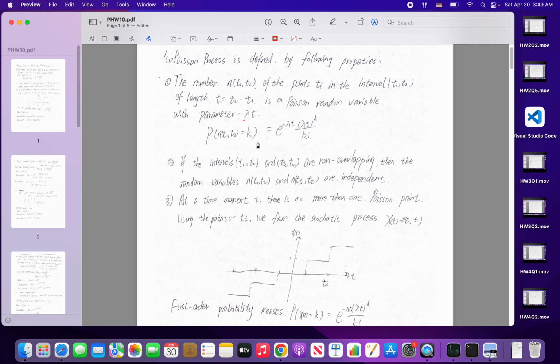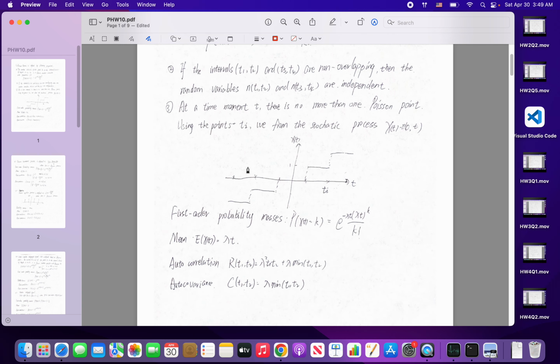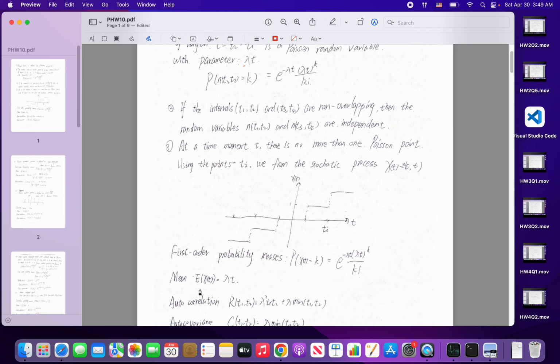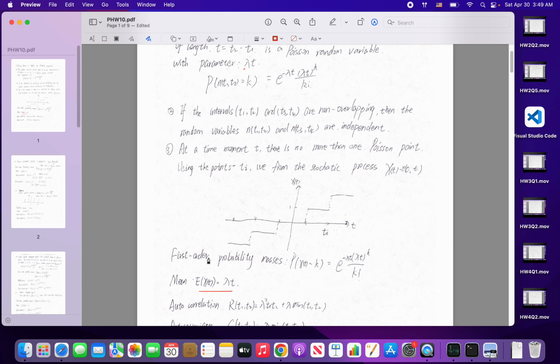We can note that for this process, the mean is lambda times t. And the first order probability mass is this.